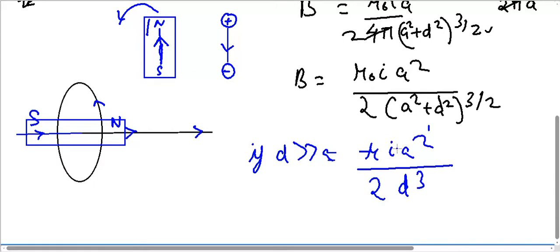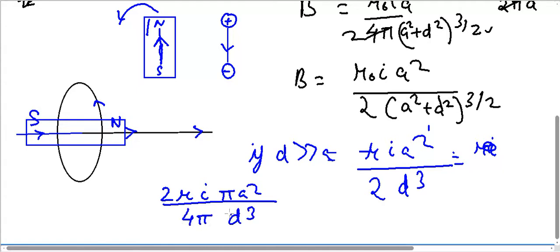Or I can further write it in a form which you will come to know shortly: I can write it as 2 mu naught I pi A squared divided by 4 pi D cubed.